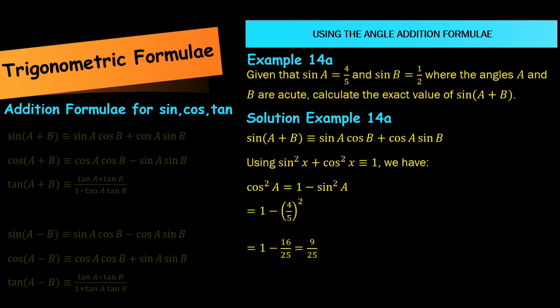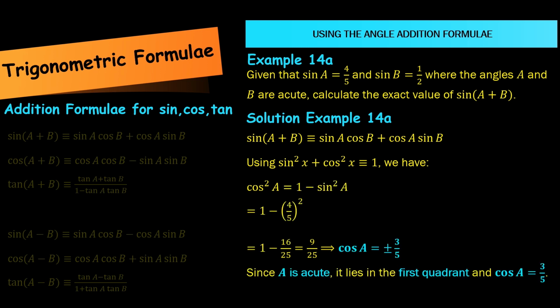So cos squared A equals 9/25 implies cos A equals plus or minus 3/5. Now, since A is an acute angle, it lies in the first quadrant, and therefore cos A equals plus 3/5. So now we have the value of cos A.